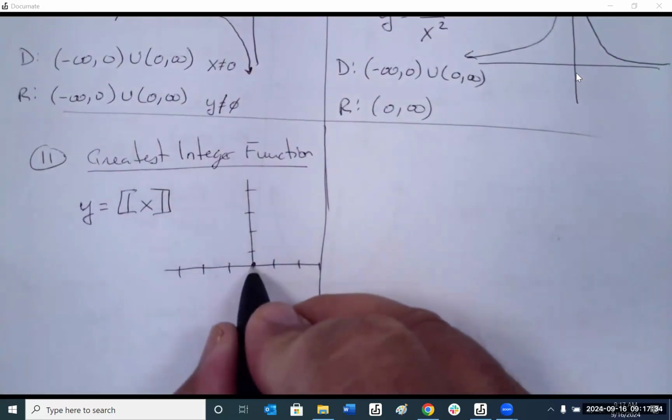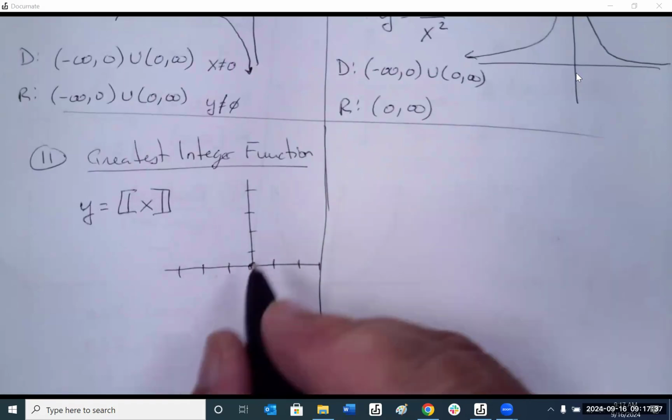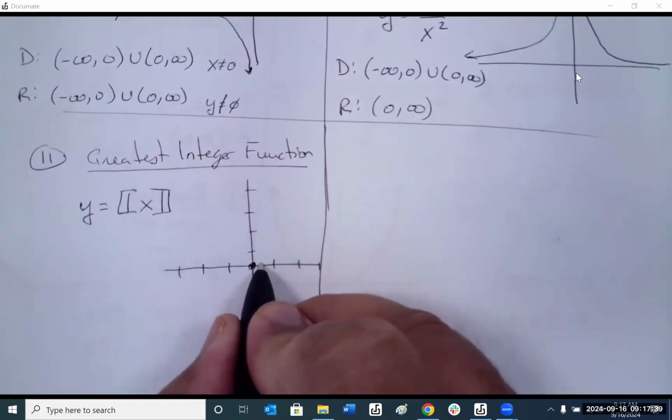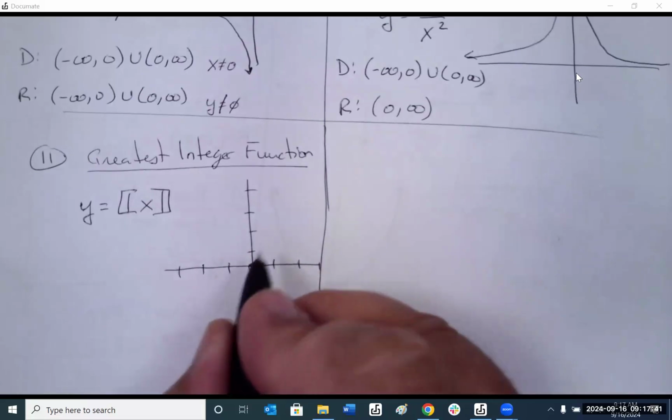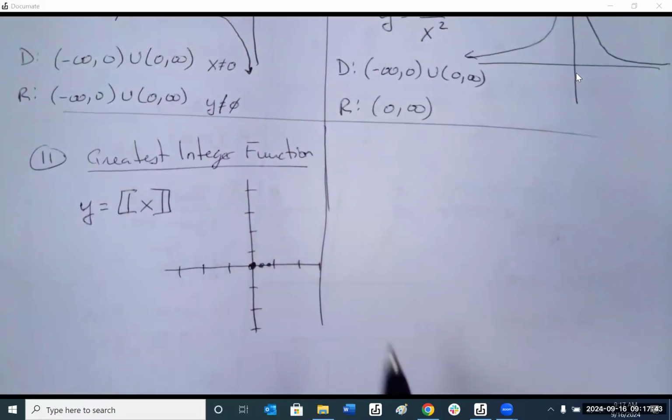When X is zero, the answer is zero. When X is 0.5, the answer is zero. When X is 0.9, the answer is zero. Erase the decimal.